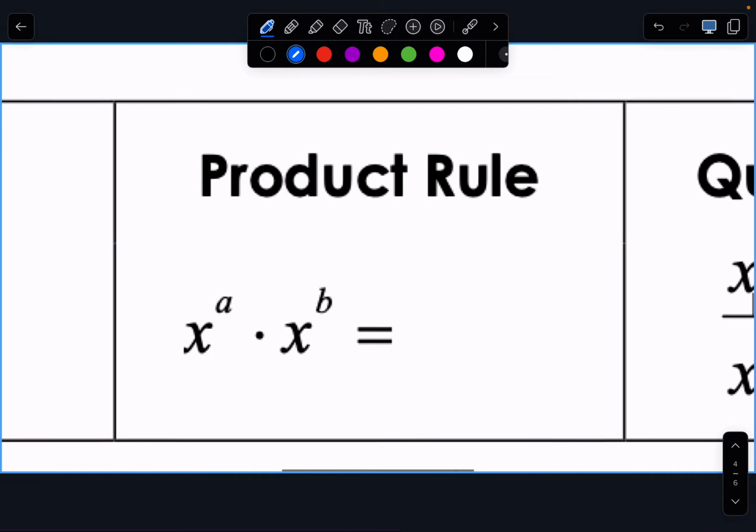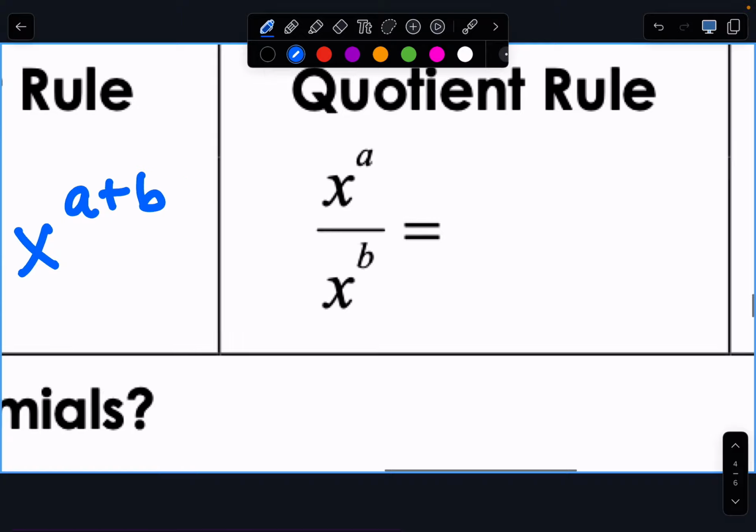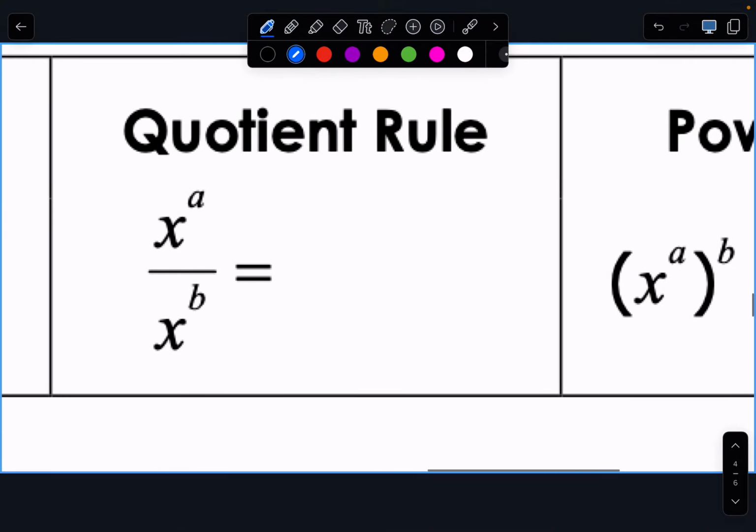Okay, what happens when we're multiplying? What do we do with the exponents? We add them together. What about when we divide? We subtract. Okay.